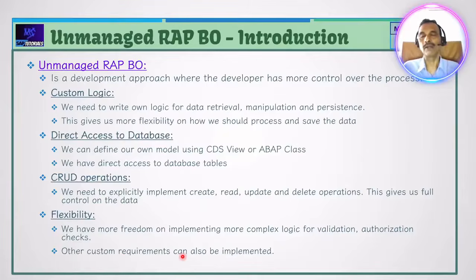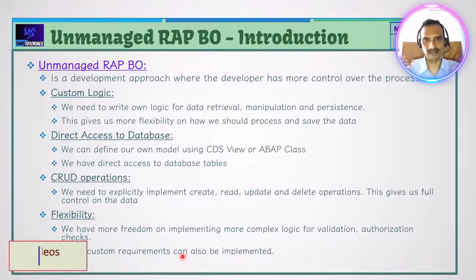Say, for example, if you might have seen my earlier managed scenario, we will be using the same tables to create an unmanaged scenario as well, so that the continuity is intact and you will understand how we can go about doing it.